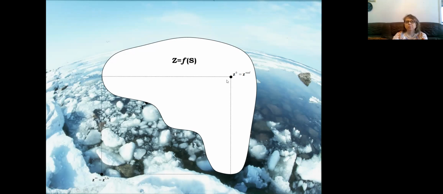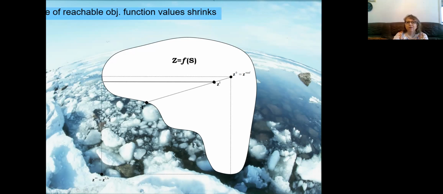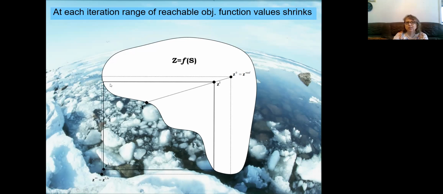But the decision maker provides some information about the direction to move. And then we take a step towards that direction. And this naturally means that these values of objective functions that can still be reached from that point without sacrifices shrink. So the closer we get to the set of Pareto optimal solutions, this reachable area shrinks.